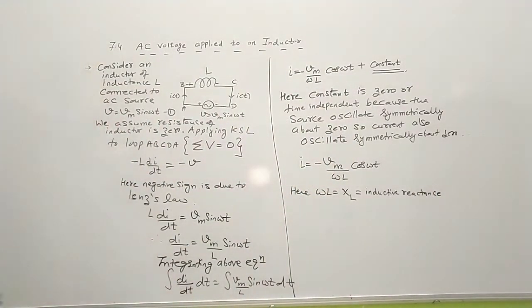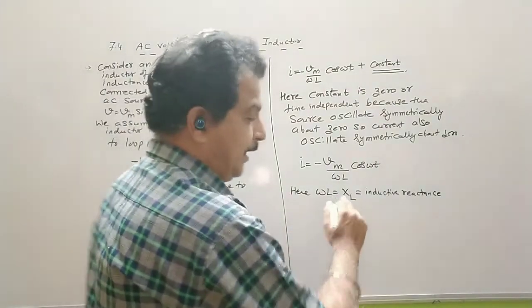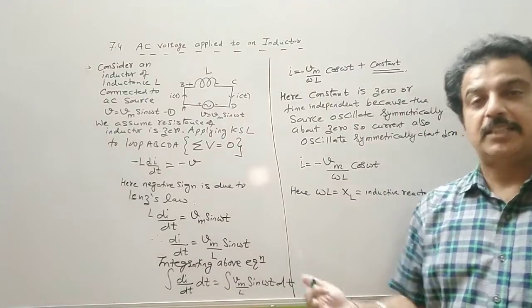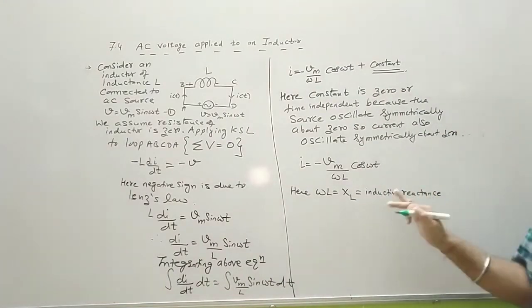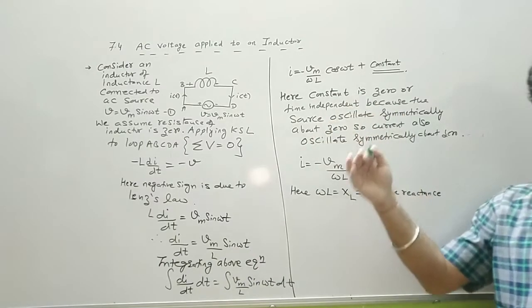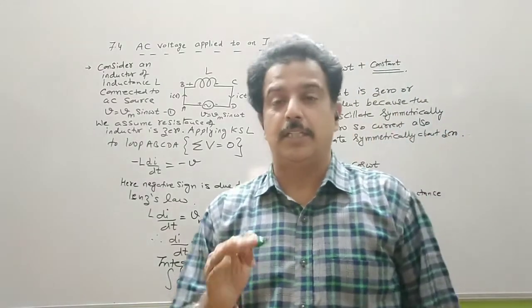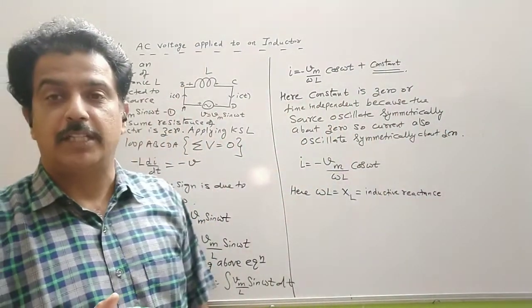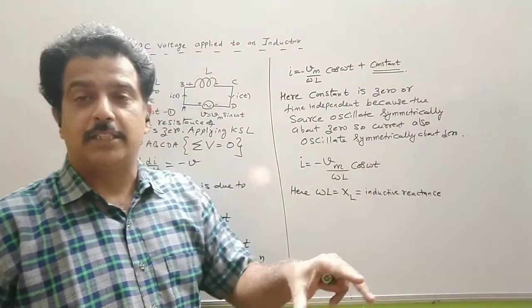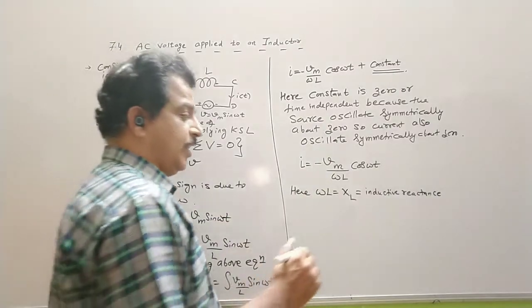The role played by it is the same as the role played by a resistor, that is, the resistance offered by the inductor to the flow of AC current, because we know the inductor opposes the growth and the decay of the current.